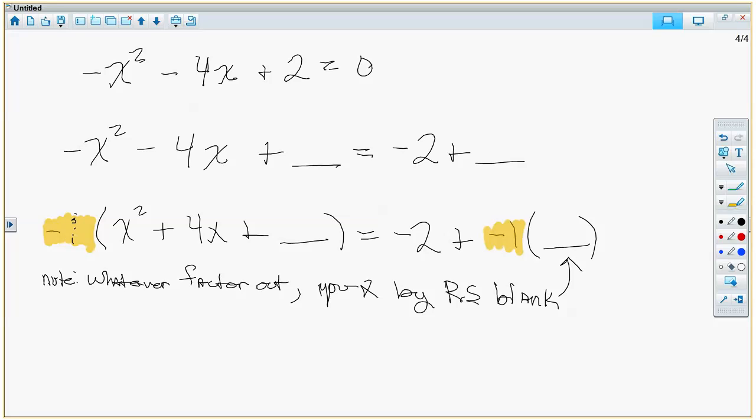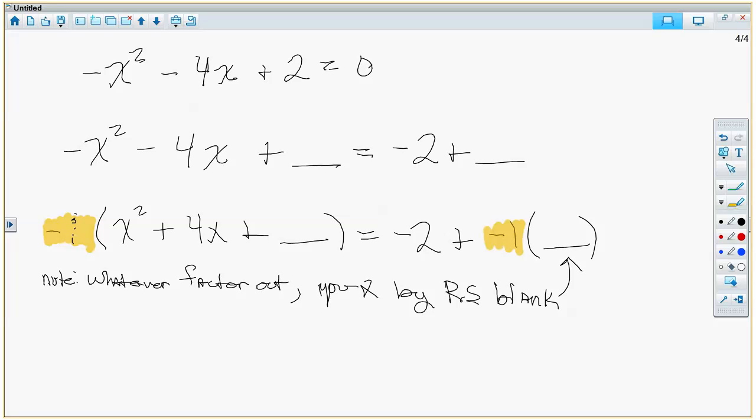Now, the reason is because there's several ways to show you how to complete the square. Several ways. Why do I show you this way? Because this is the easiest way, and after I've tried all different ways, this is the easiest way for students to actually grab a hold of. Actually, all of this stuff that you're doing is supposed to be done on the left-hand side. And that's the way a lot of teachers show it.